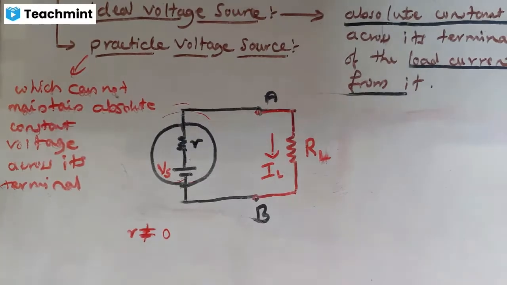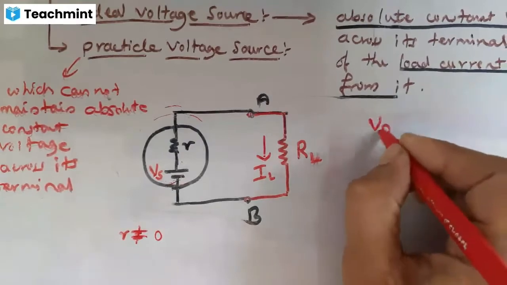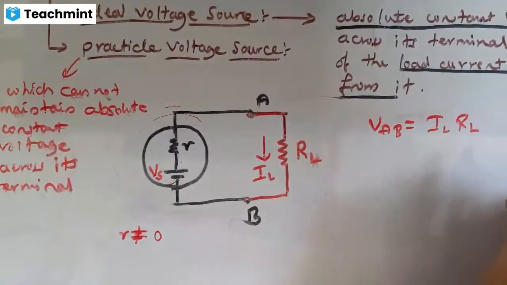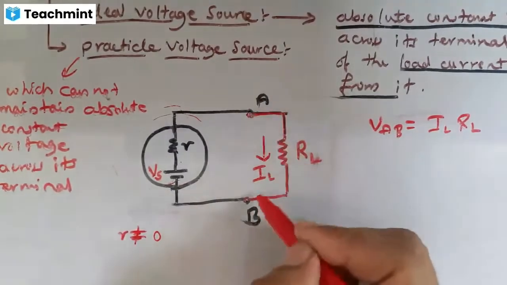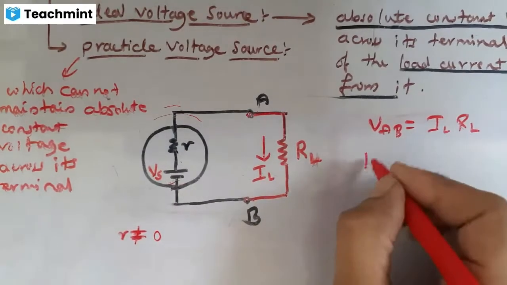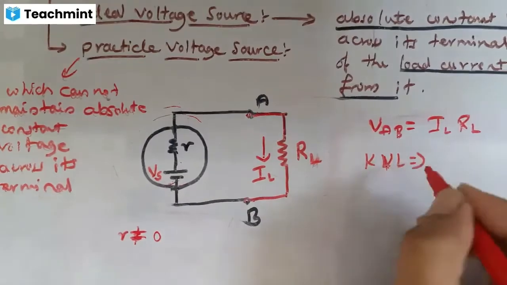Okay, so now let us see what VAB is. You already know VAB equals IL into RL. This is the same, the voltage across A and B. So now let us again apply KVL to this loop.